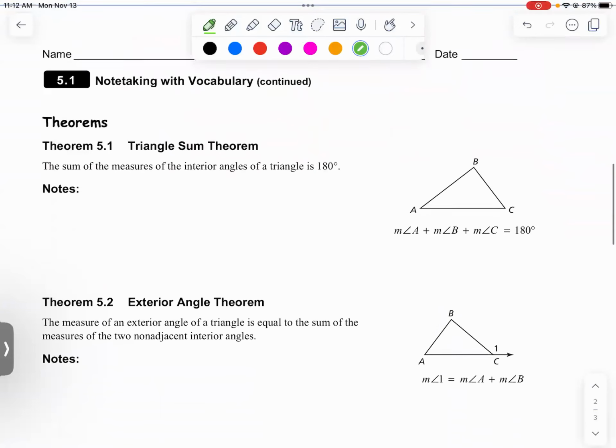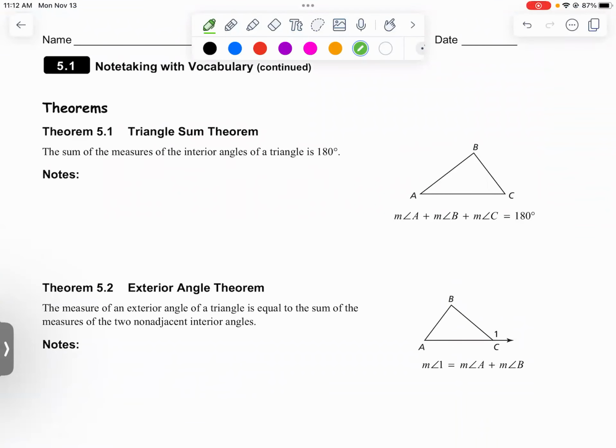All right, so let's go ahead and turn the page and let's talk about the triangle sum theorem officially. Okay, we know that 3 angles of a triangle have to add up to 180 degrees. So if I had a triangle where I had 87, 62, and X as my 3 angles, what would I do to find X?